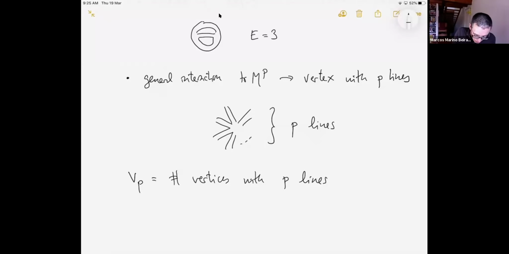If we only have one type of vertex, we are going to call V the total number of vertices of all types.